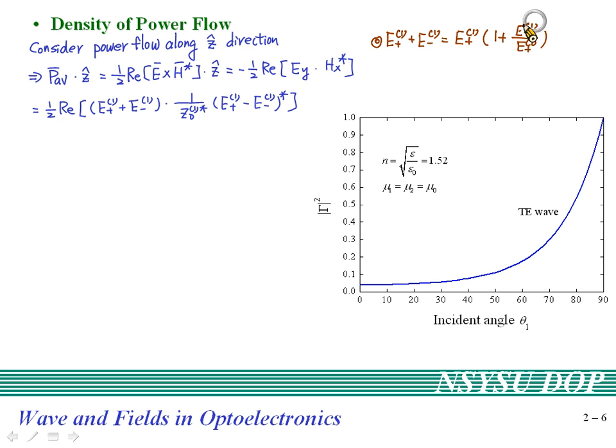And clearly you know that this term stands for the reflection coefficient, which is the amplitude of the reflected wave over the amplitude of the incident wave. And the second term here can also be rearranged in the same way.